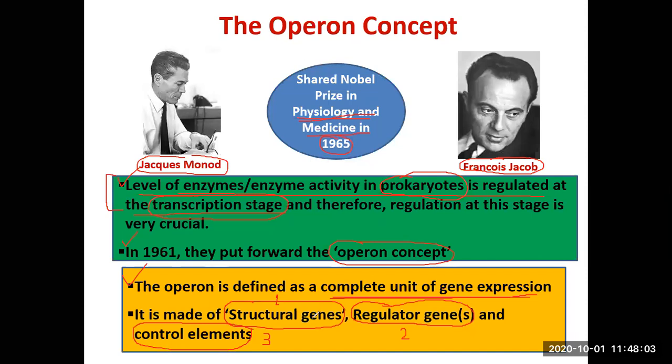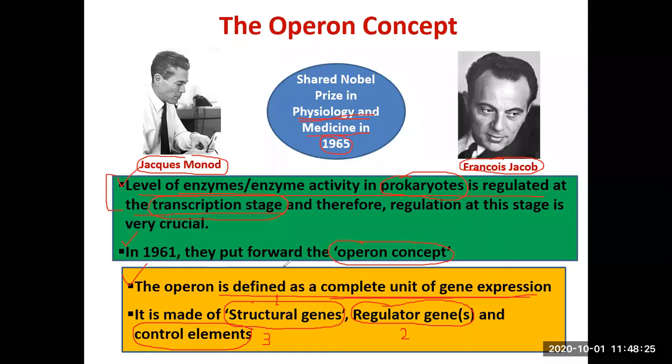So these are the 3 components. The operon is defined as a complete unit of gene expression, and it is made up of structural genes, usually more than 1, a regulator gene, usually 1 but in some cases more than 1 also, therefore gene(s), and then there are control elements.